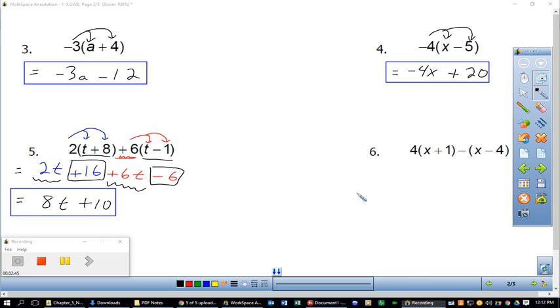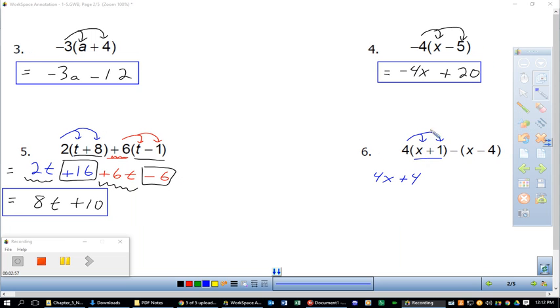Okay, next we have number 6. So we'll take the 4, distribute it to the x plus 1, and we get 4x plus 4. And next, we have a small problem. We have a minus sign times these guys. So really, that's minus 1. So negative 1 times x is negative 1x.